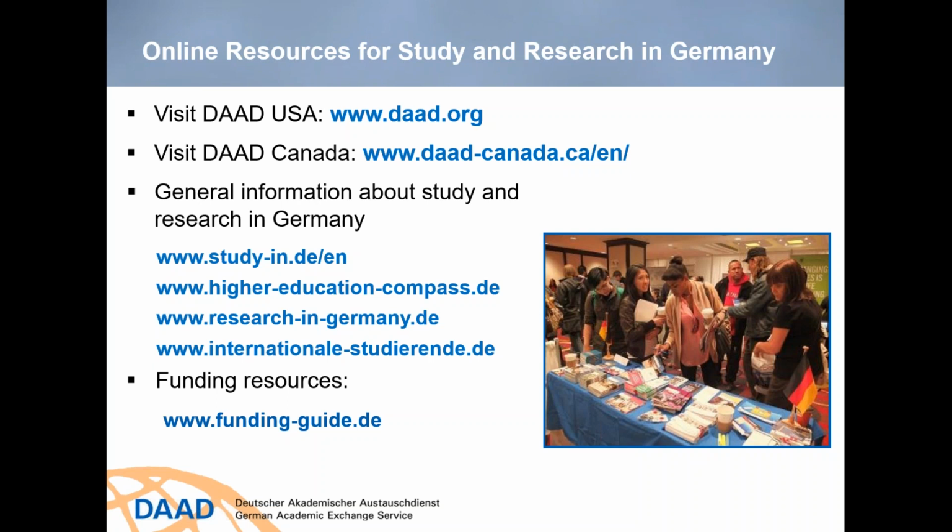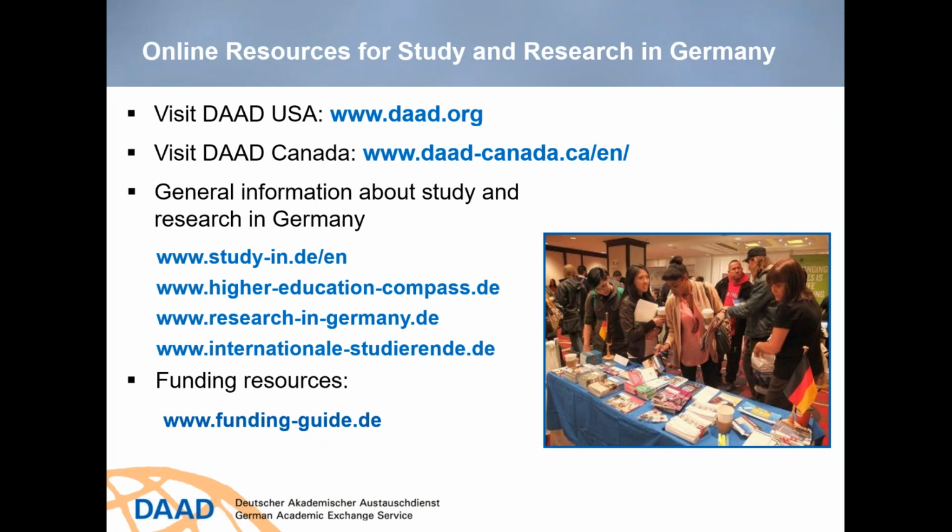Of course, you can imagine, and many of you I'm sure have already explored this, there's a plethora of websites out there with information on studying in Germany. The best of these, in our view, would be the Study in Germany website. So that's the first one you see here under bullet point 3, study-in.de. That really addresses all aspects of pursuing studies in Germany, from the academic to the logistical.